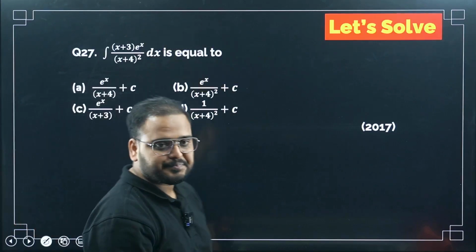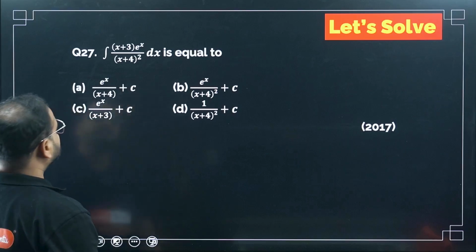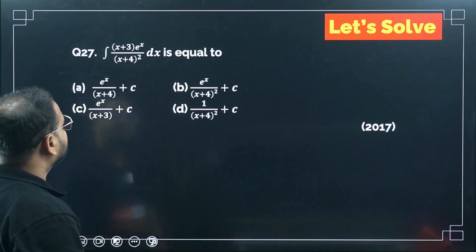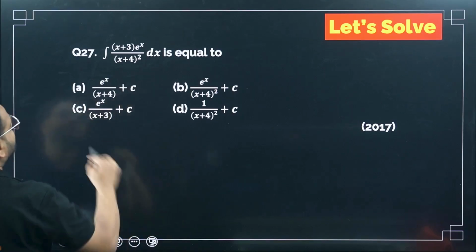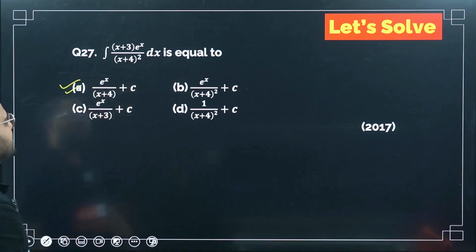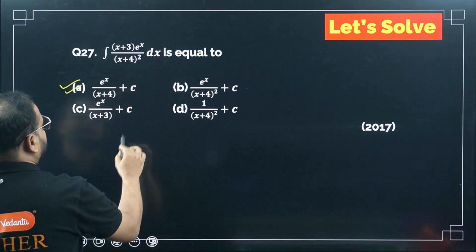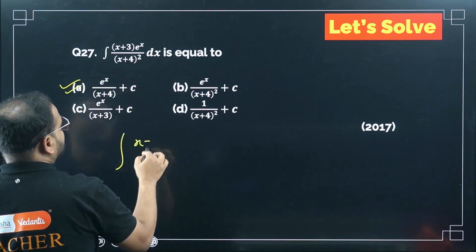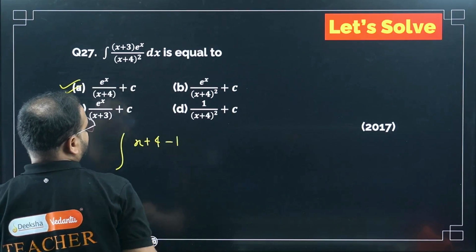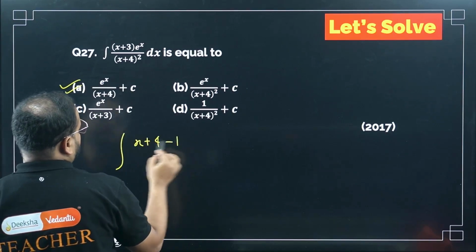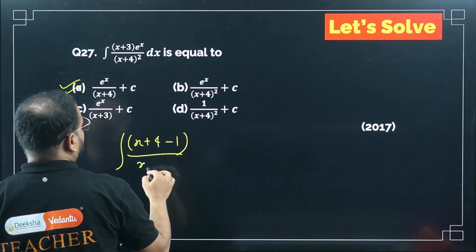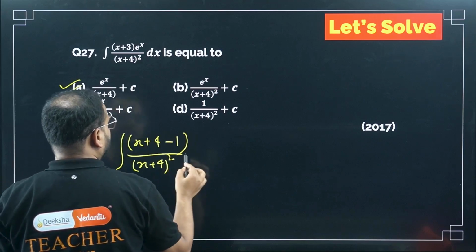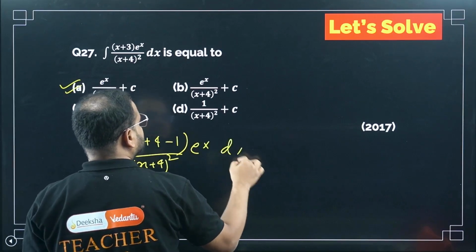27, sir. Okay. So I hope you got this also. Very, very simple. I think the answer should be this. We'll see. Let's check. Write this as x plus 4 minus 1 upon x plus 4 the whole square, e power x dx.